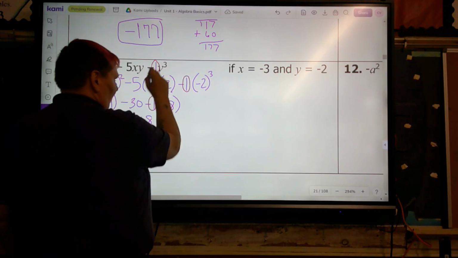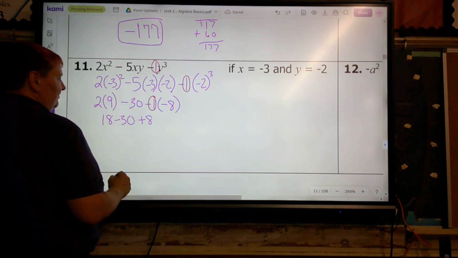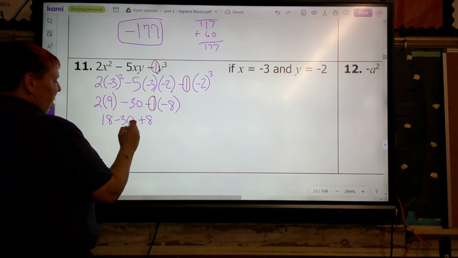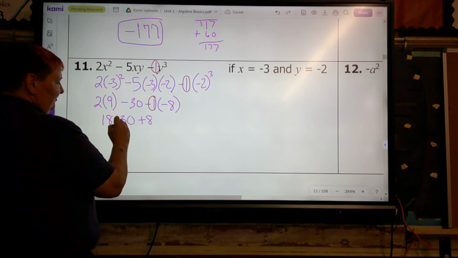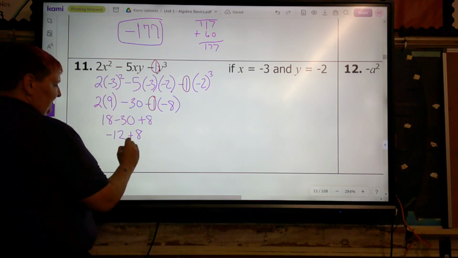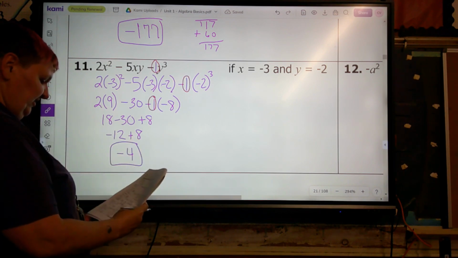Always remember there's an invisible 1 in front of every variable, unless it already has a coefficient. So then we have 18 minus 30. The difference between 18 and 30 is 12. 30 is the bigger number, so we're going to go negative 12 plus 8. The difference between 8 and 12 is 4. 12 is the bigger number. You should end up with negative 4. And that is correct.